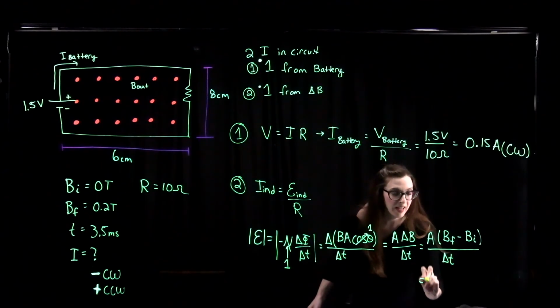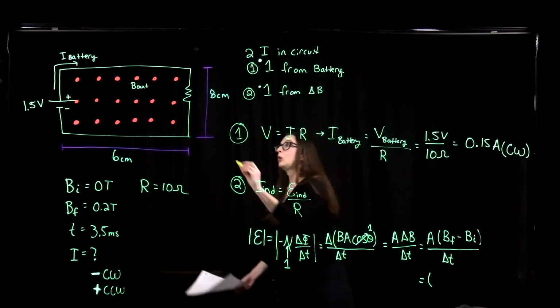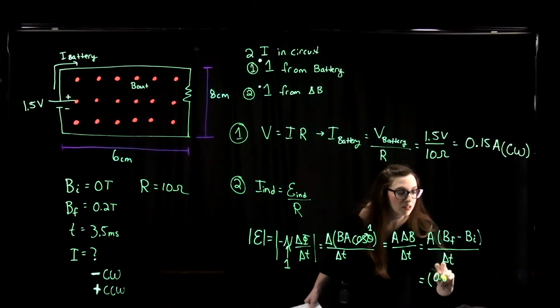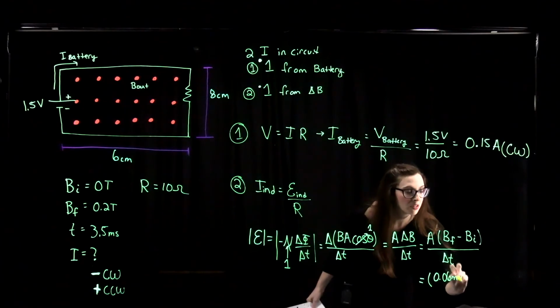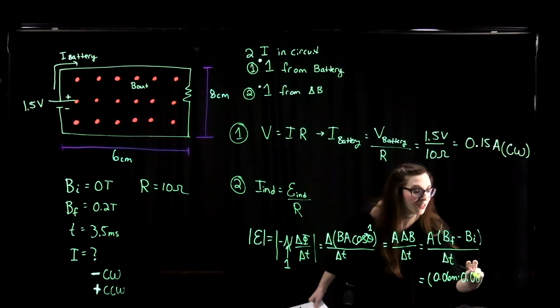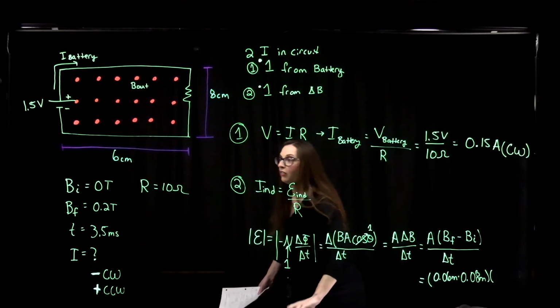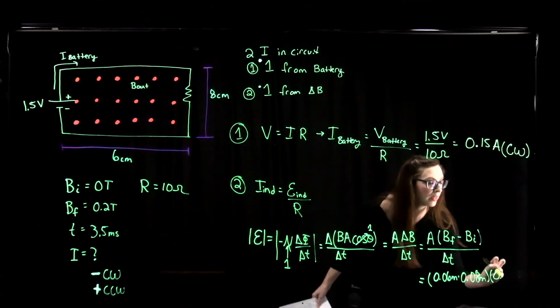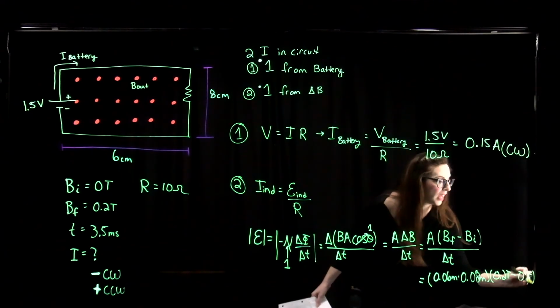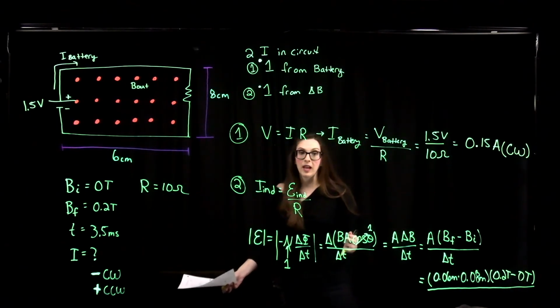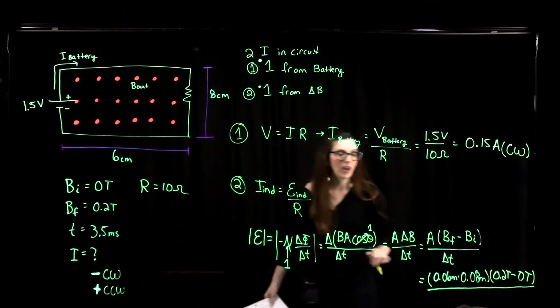So that's going to be the area of my loop, which is its length times width. 0.06 meters times 0.08 meters. And then multiplied by my final magnetic field strength, which was 0.2 Tesla. My initial magnetic field strength was 0 Tesla. And we divide that by the time over which this happens, which is 3.5 milliseconds.